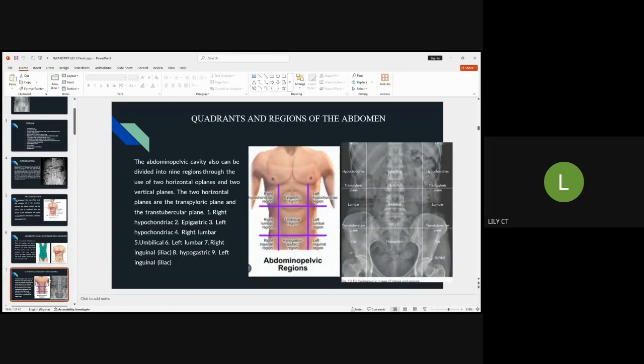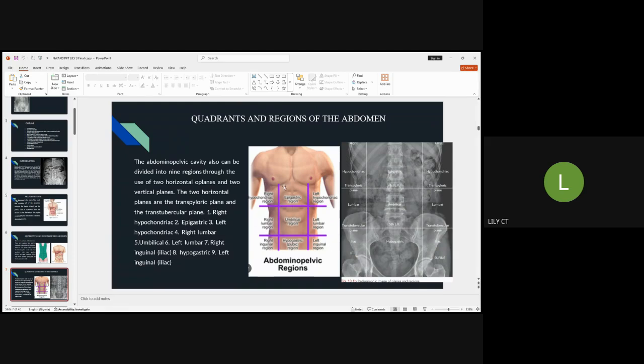The abdominopelvic cavity can also be divided into 9 regions through the use of 2 horizontal planes and 2 vertical planes. The 2 horizontal planes, this one is the transpyloric plane and this is the transtubercular plane.